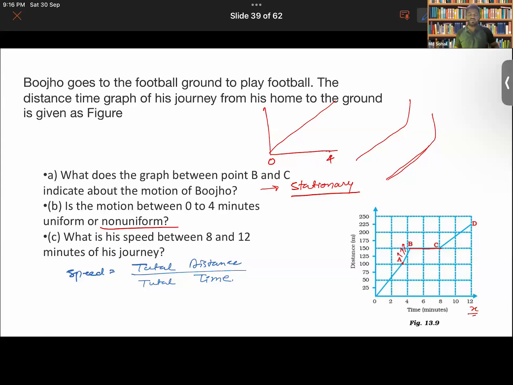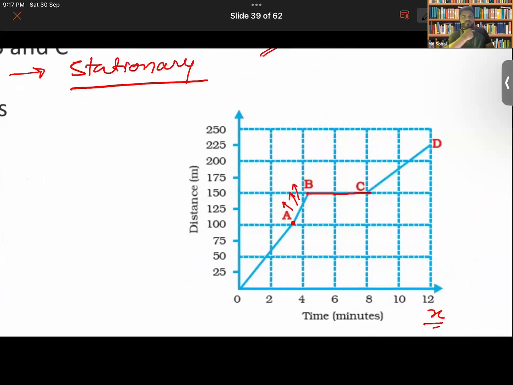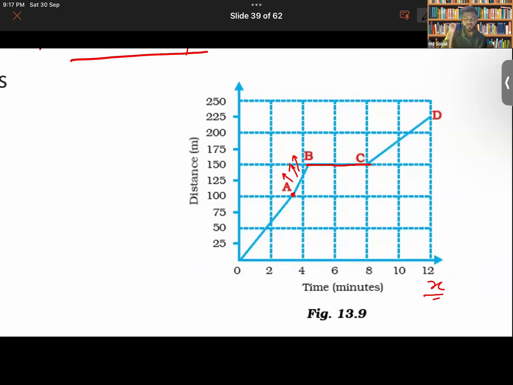I have written here total distance upon total time. If you look here, if you count the distance the body has traveled between 8 and 12 minutes. So at the 8 minute, how much distance has she traveled?